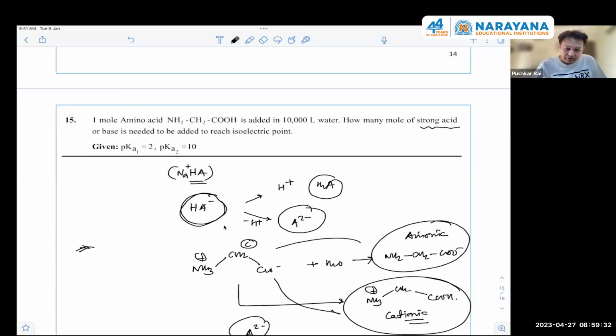That is the neutral point. You will have to do something so that it will come to the isoelectric point. Do you understand this point? You add amino acid into the water. Will you say that it is at the isoelectric point? You are only lucky that approximately it gets to the isoelectric point, but it is not exactly the isoelectric point. I already showed you this.